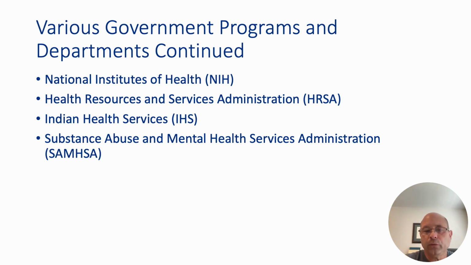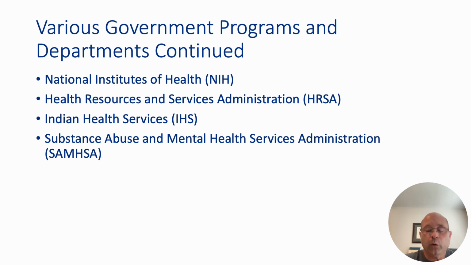Some other institutes, one that you've more than likely heard of through the pandemic and was a major focal point, is the National Institutes of Health. The NIH is the primary federal agency for research towards preventing and curing disease worldwide, not just within the confines of the United States, but it looks outside that and looks to prevent disease worldwide.